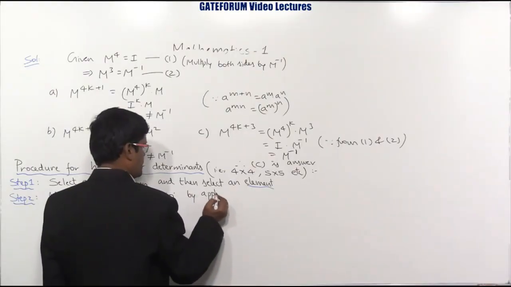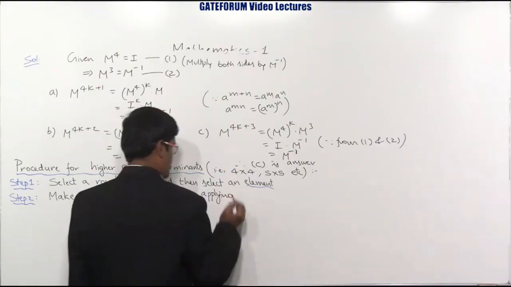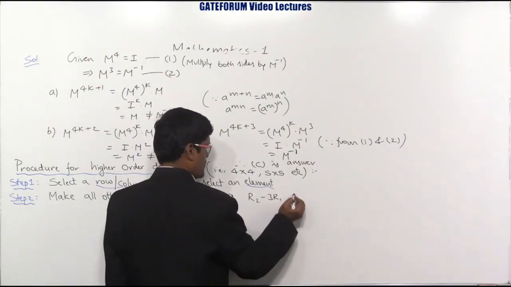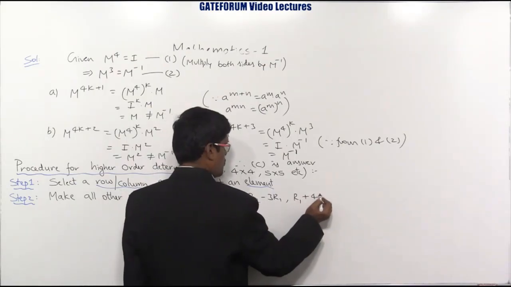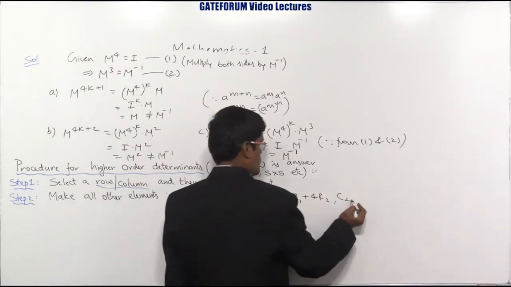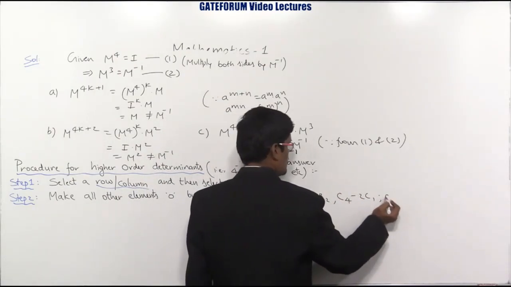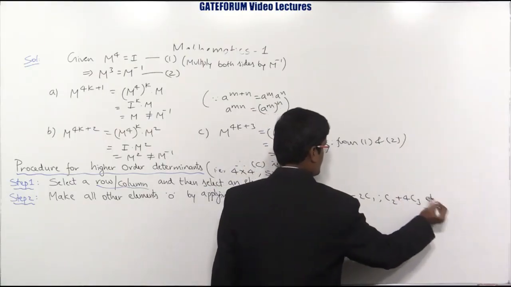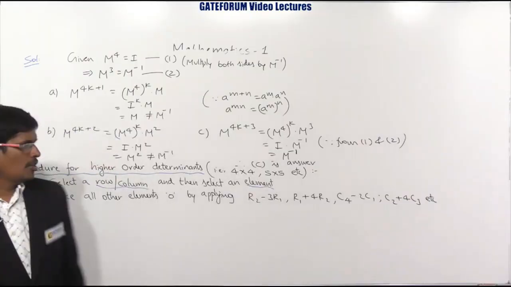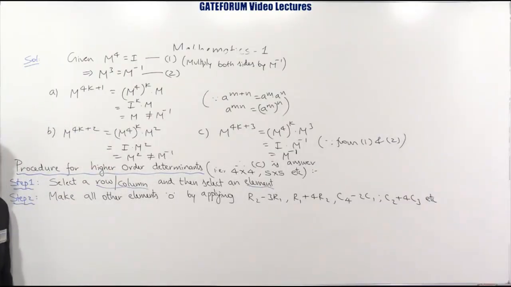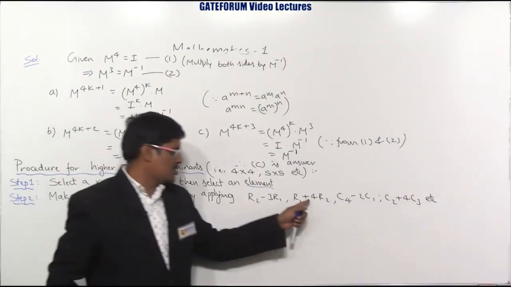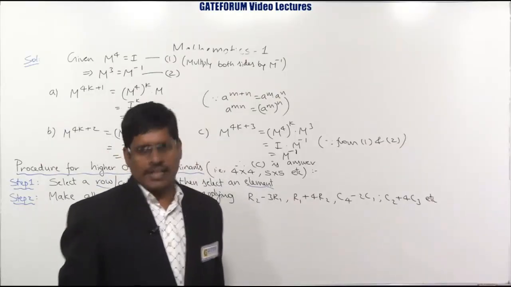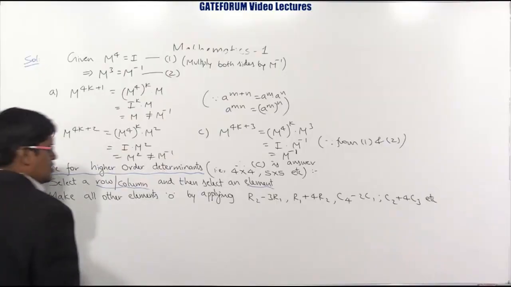By applying R2 minus 3R1, R1 plus 4R2, C4 minus 2C1, C2 plus 4C3, etc. These types of row or column operations, addition, subtraction, are also called elementary operations, elementary transformations.